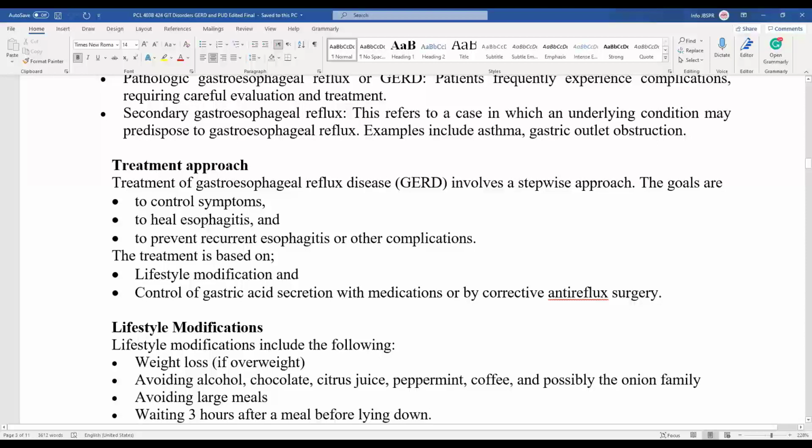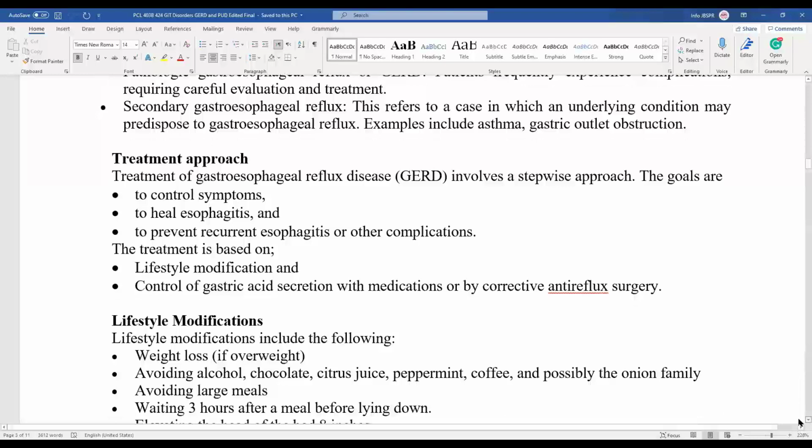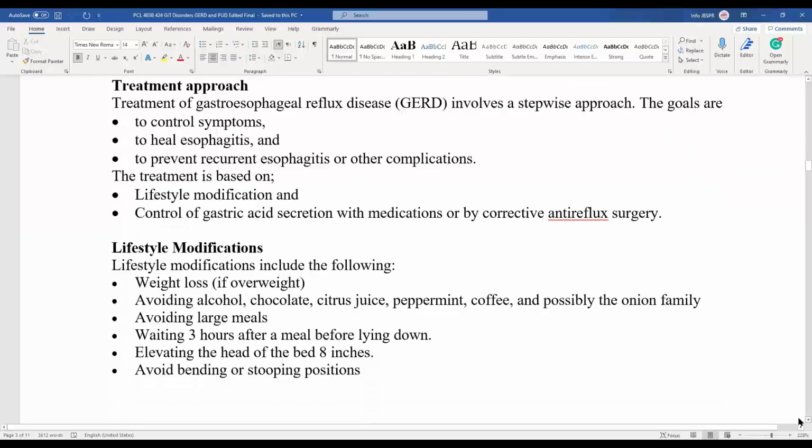And like we have mentioned earlier, most treatment will be based on lifestyle modification and of course controlling gastric acid secretion, whereby you can use medication to control this. Or in the worst case scenario, there could be corrective surgery. But most times it doesn't really get to that level, if you can do lifestyle modification and then maybe use drugs that can control gastric acid secretion.